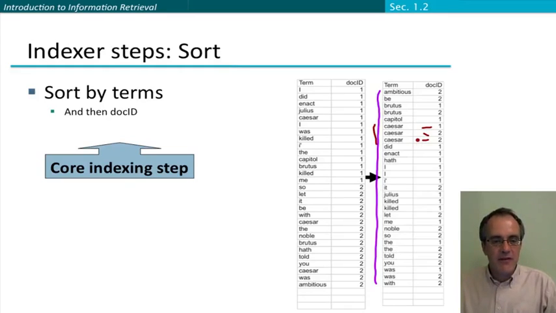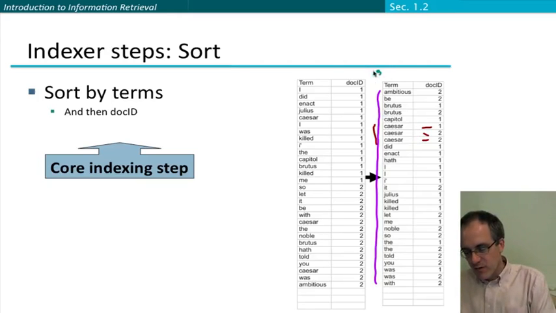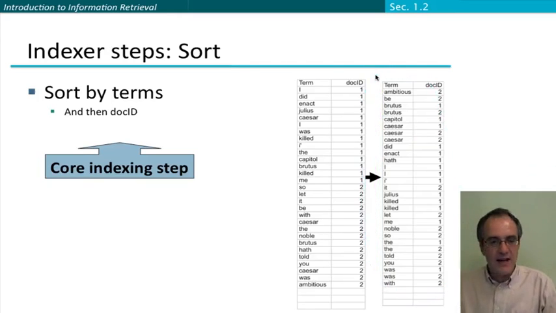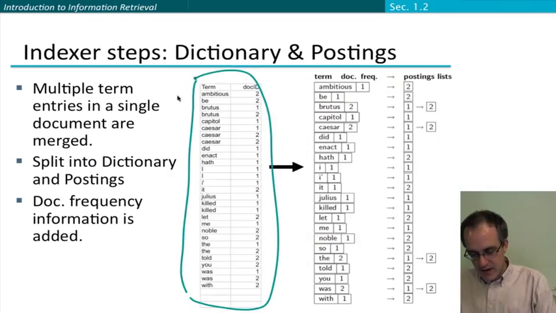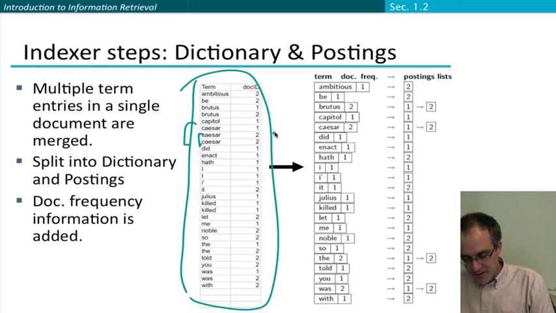Once we've got that far, what we then do is essentially a consolidation of what we found over here on the right. So we take that, here it is again, and multiple entries in a single document are merged, so that's the two instances of Caesar, and they're just treated as one. And then we also merge all instances of a particular term, and so then we re-represent that as over here.